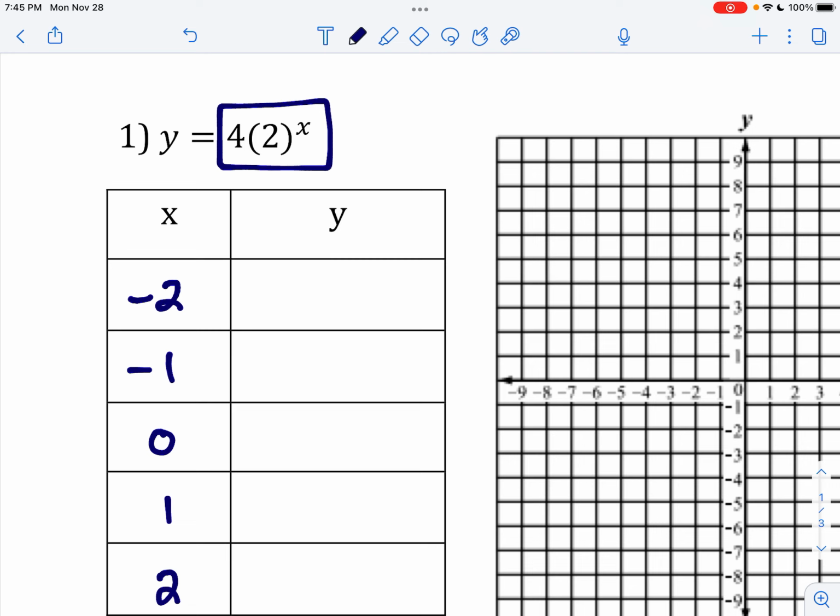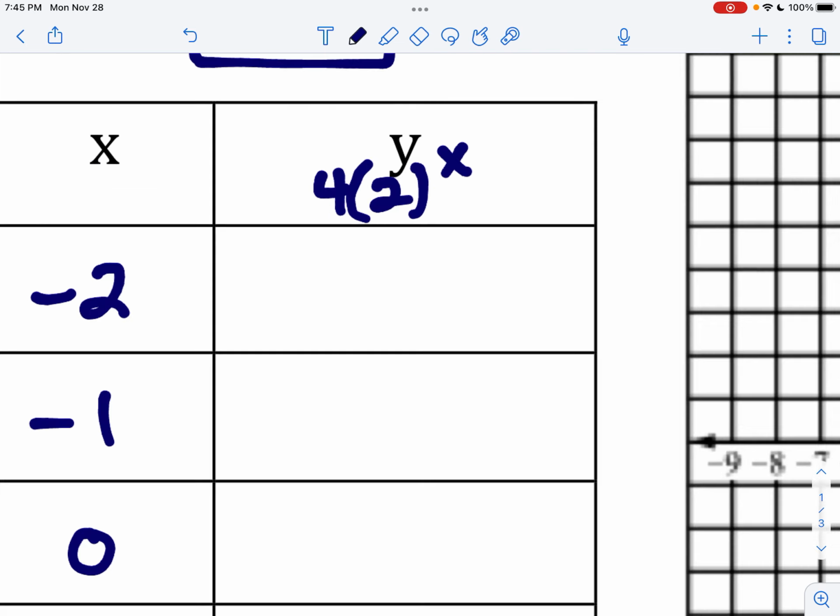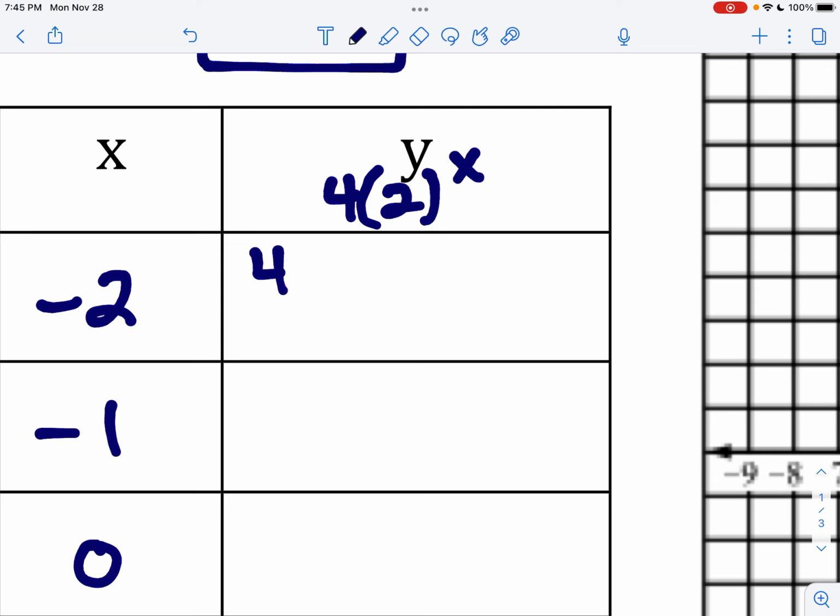The y value is your function, so this is going to be 4 times 2 to the x power, and wherever x is, we're going to plug that in. So this is going to look like this, 4 times 2, and we're going to put in -2 where the x is. So my exponent is -2. Well, remember from yesterday, 2 to the -2 power, we have to flip that over.